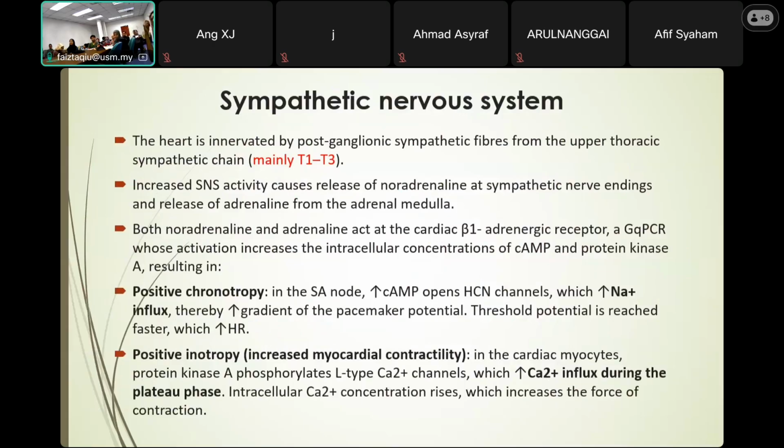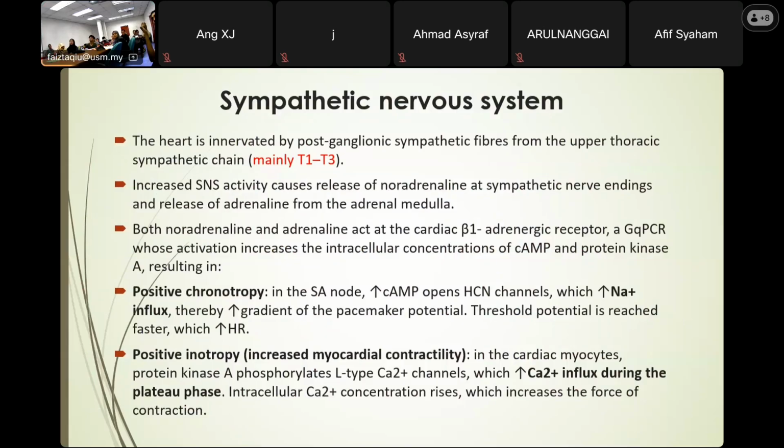An increase in SNS activity causes a release of noradrenaline and adrenaline from the adrenal medulla. Both act on the cardiac beta-1 adrenergic receptors. They are Gq. If it is activated, you have an increase in PKA, IP3, DAG. From there, you have an increase in cAMP and protein kinase.